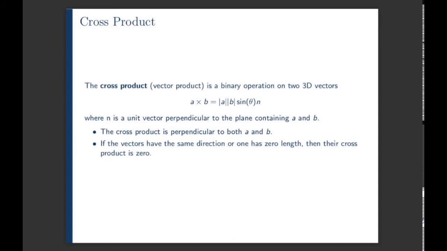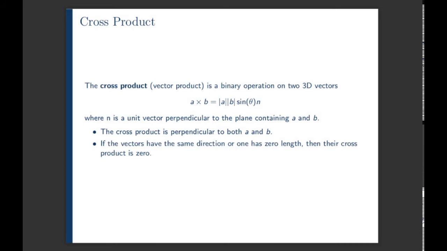So this is another operation over two vectors, but they have to be 3D vectors because it's describing something which is inherently 3D. So when we take the cross product of A and B, we're getting back another vector, and that's a unit vector. It's going to have a length of 1.